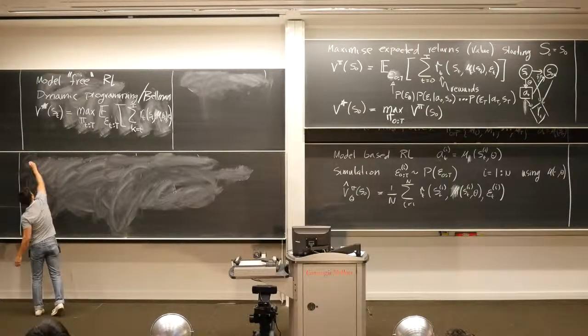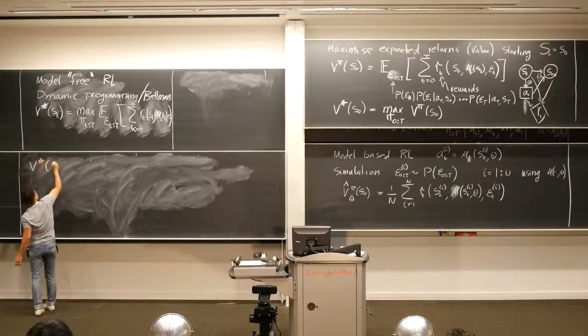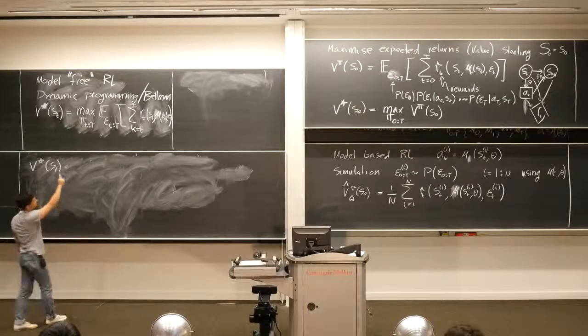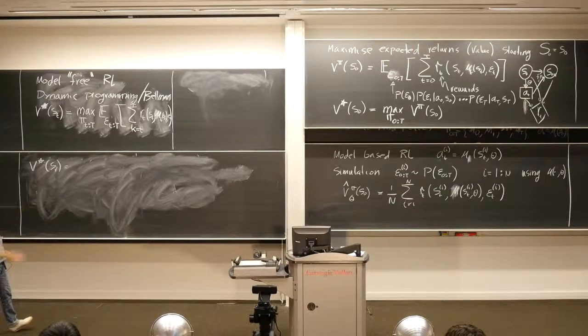That value function, I missed, you need to close the square bracket. I think I forgot one bracket up there. That value function, what we're going to do next is distribute the expectations and the max operators. So we're going to try to take as many inside as possible.